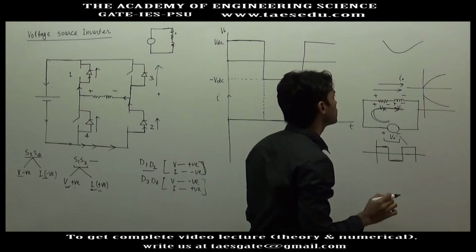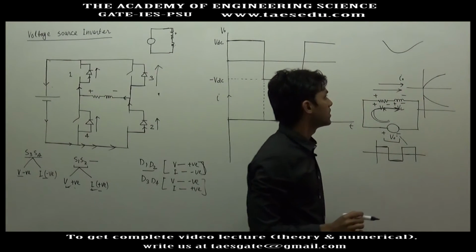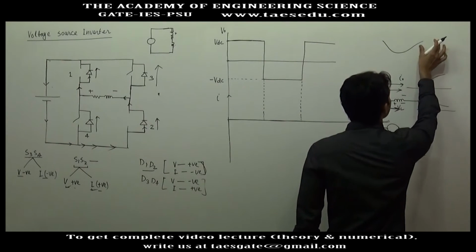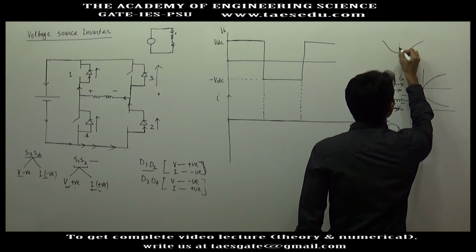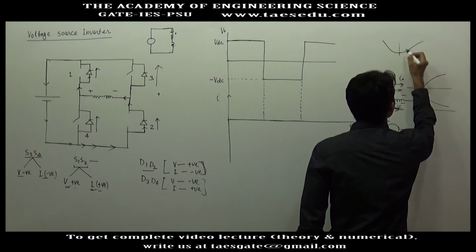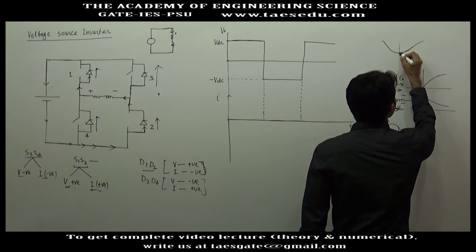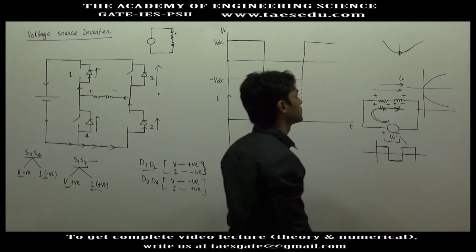If I ask you at which point this graph starts rising, you will certainly say it seems that after this point this graph starts rising. So it is very easy to observe that this value will be minimum.